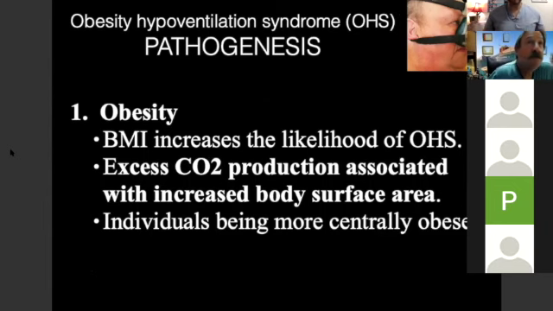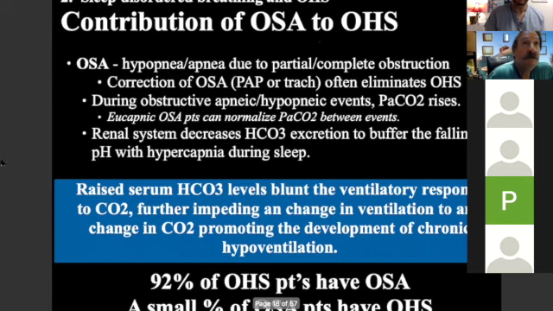And so as you get heavier, you make more CO2 and you have to eliminate it. Now, there's also a contribution from the obstructive sleep apnea. So the hypopneas and the apneas due to partial or complete airway obstruction can lead to elevated CO2.